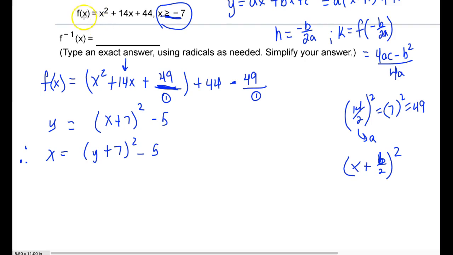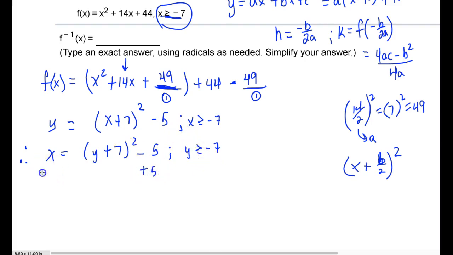Now, remember that our original function has a restriction on its domain such that x has to be greater than or equal to negative 7. Okay. Now, when we interchange the x and y values, that means that what x was is what now y is. So now we have our restriction on our y instead of our x when we do the interchange. Okay. And so now when we solve this, we're going to keep this in mind.